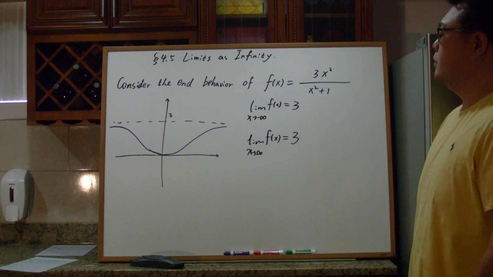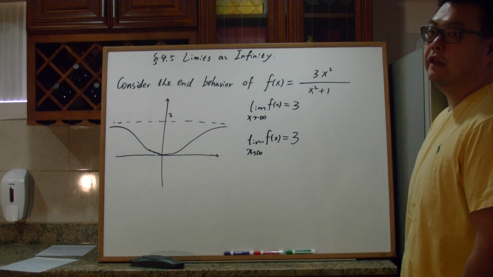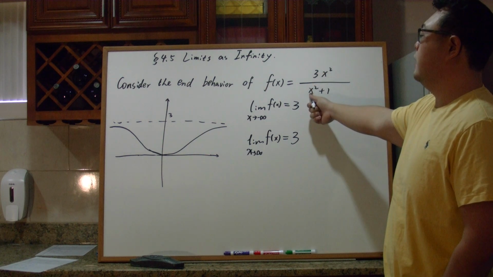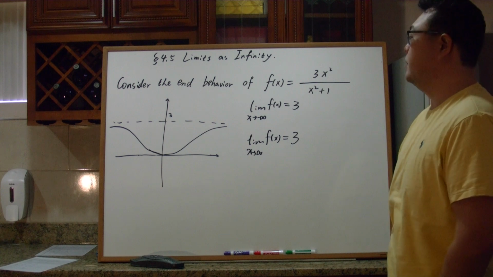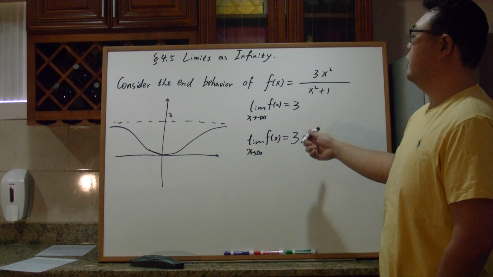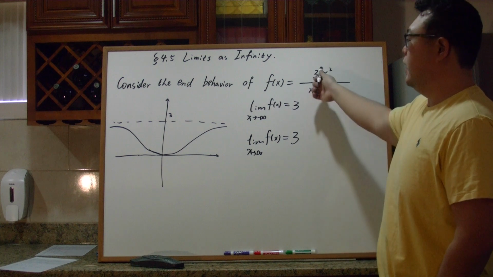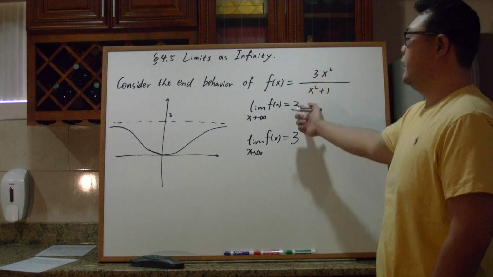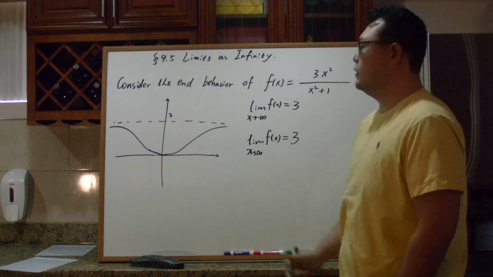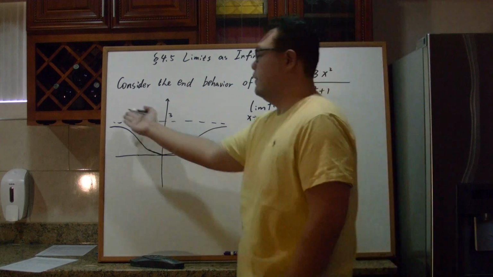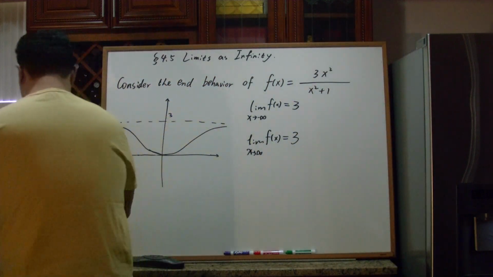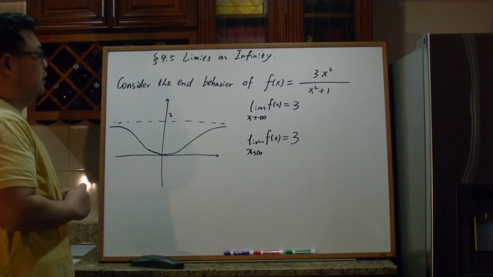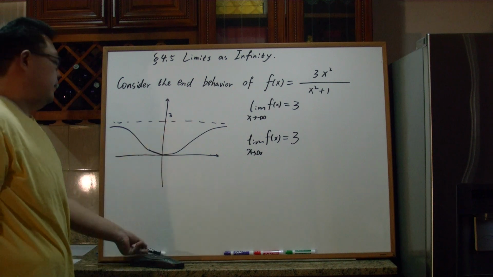From what we have seen in precalculus, when the powers, or the leading terms, are the same for the numerator and denominator, the rational function will have a horizontal asymptote at the ratio of the coefficients of the leading terms, which here are 3's. And the curve showed us that on the right to infinity and on the left to infinity, we have the asymptote at y equals 3. The 3 is the limit.